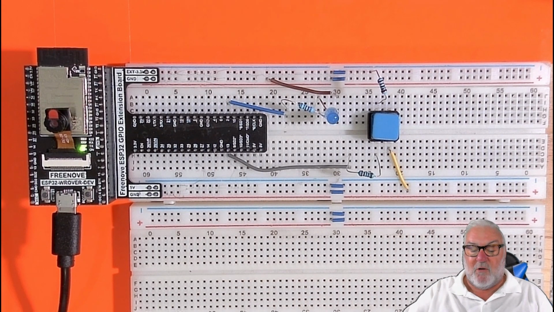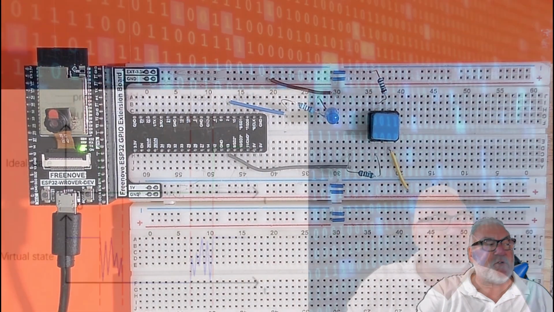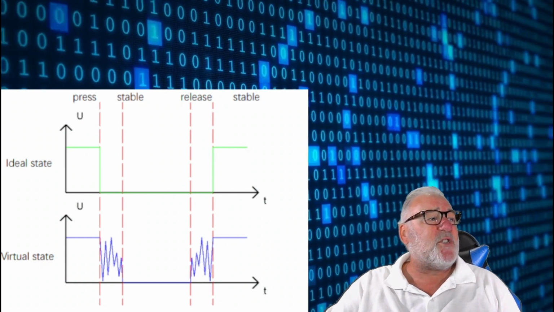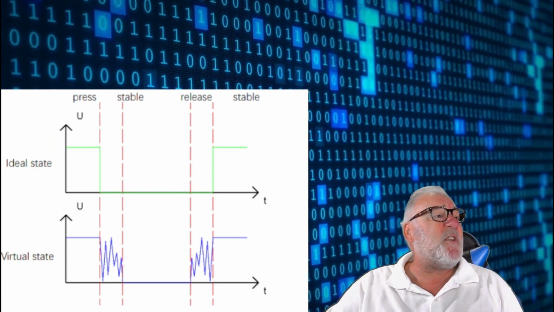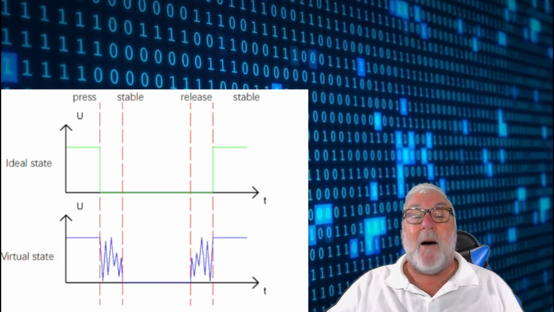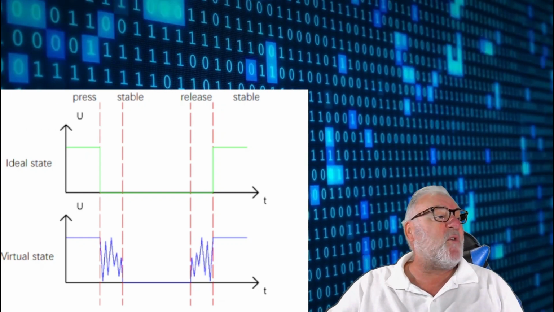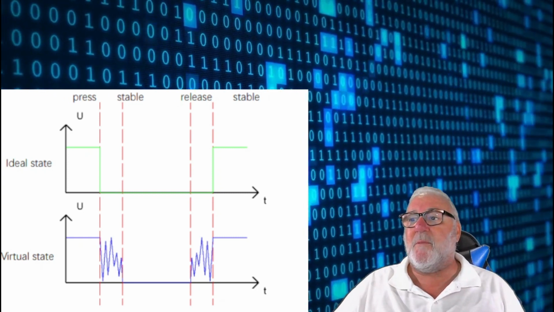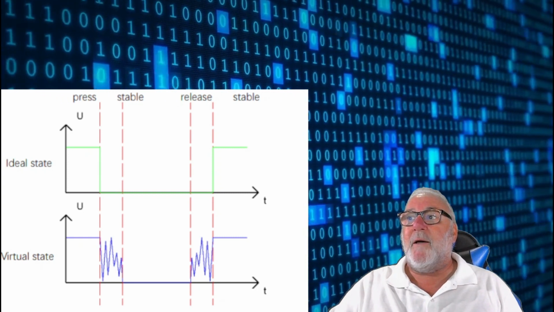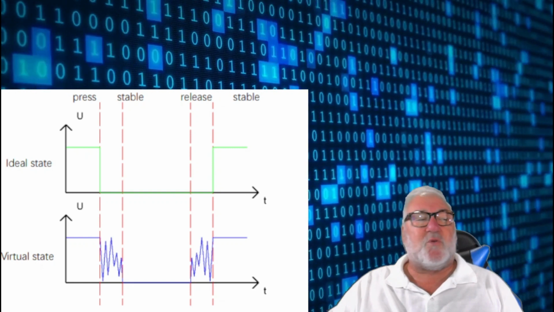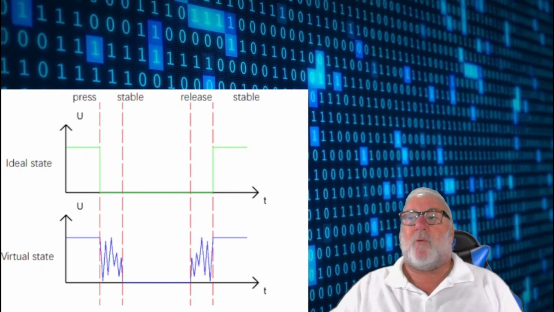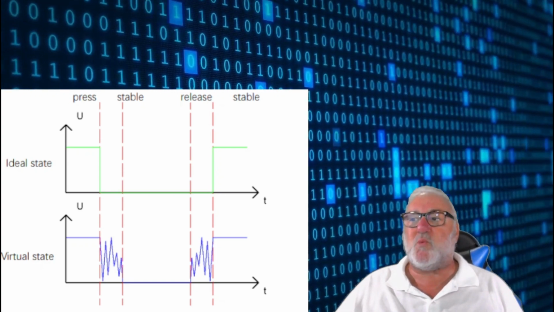A couple of things we've got to really look at. This is the switch. If you look at the ideal state, that's it up, and if you look at the virtual state, that's when it's pressed, when we press the button. Now, in order to achieve what we want, we've got to remember that there's a thing called a debounce on a switch.